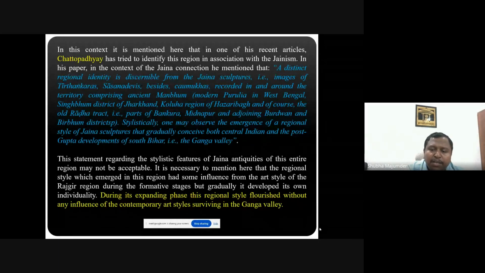Stylistically, one may observe the emergence of the regional style of Jaina sculpture that gradually conclave at both the central India and the post-Gupta development of the South Bihar plain, that is the Ganga Valley.